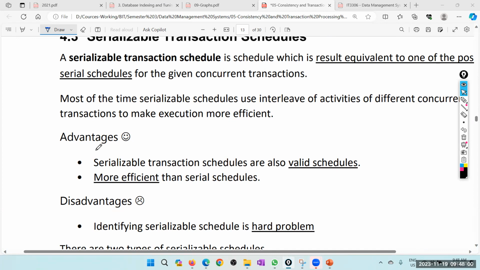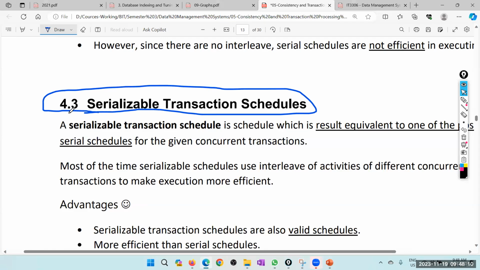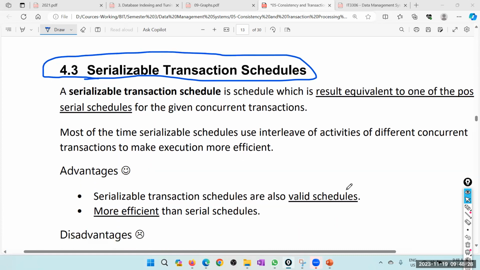Right. So now let's move on to serializable transactions, assuming that you have understood the serial transactions. Serial transactions are always valid, but not efficient. Serializable transaction means a transaction which is equivalent to one of the serial transactions. So what is a serializable transaction? This is a very interesting topic actually for those who like to think, who like to understand complicated things.